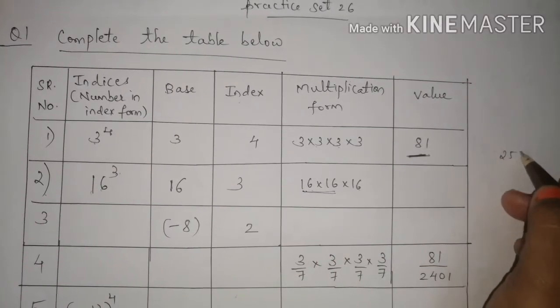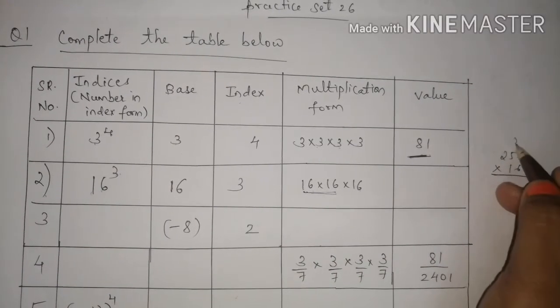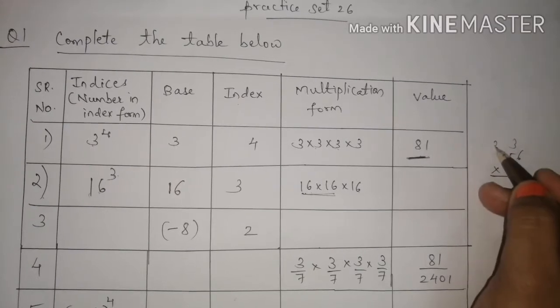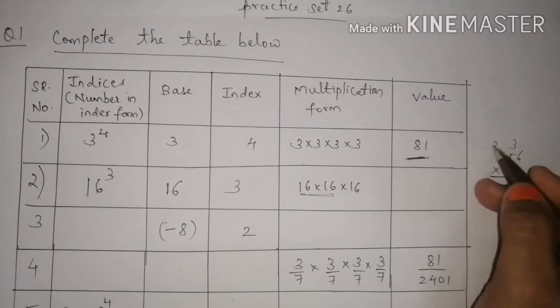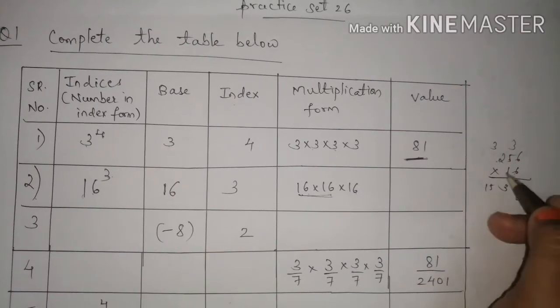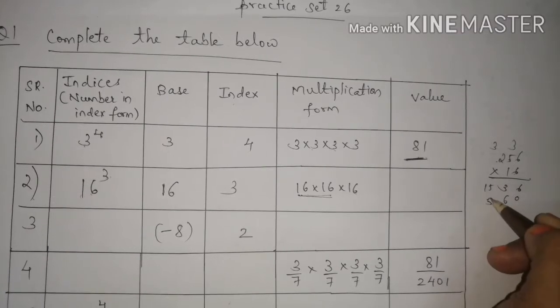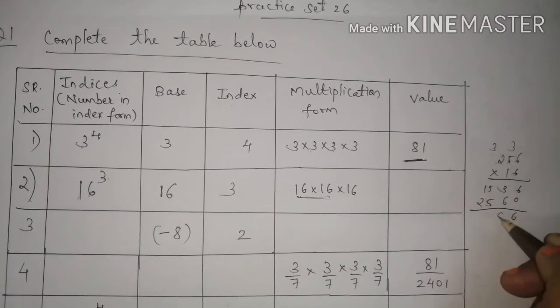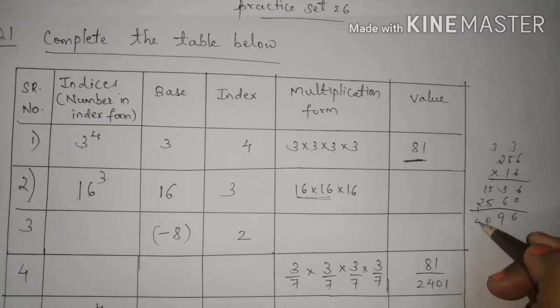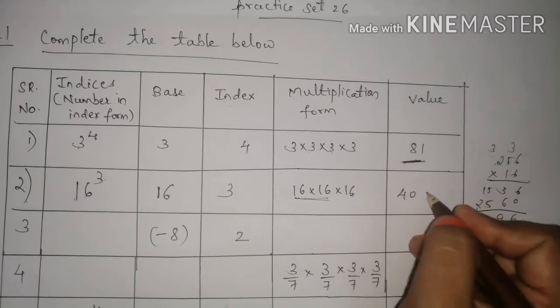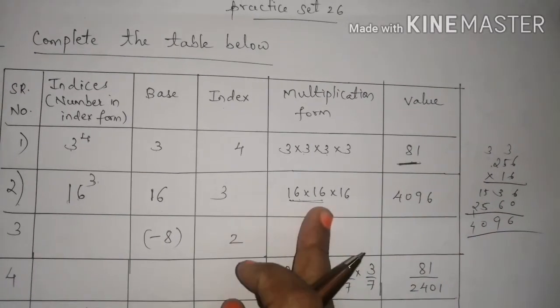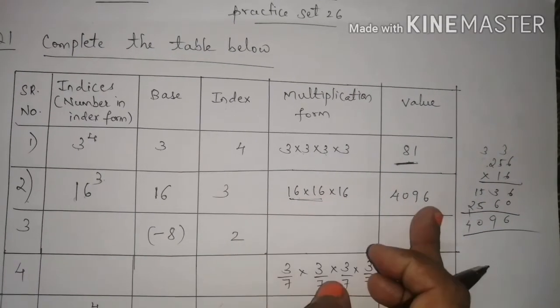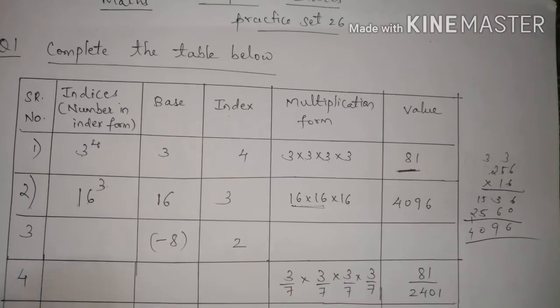Then 256 into 16 gives 4096. So after multiplying all these 16s together, you get the answer 4096.